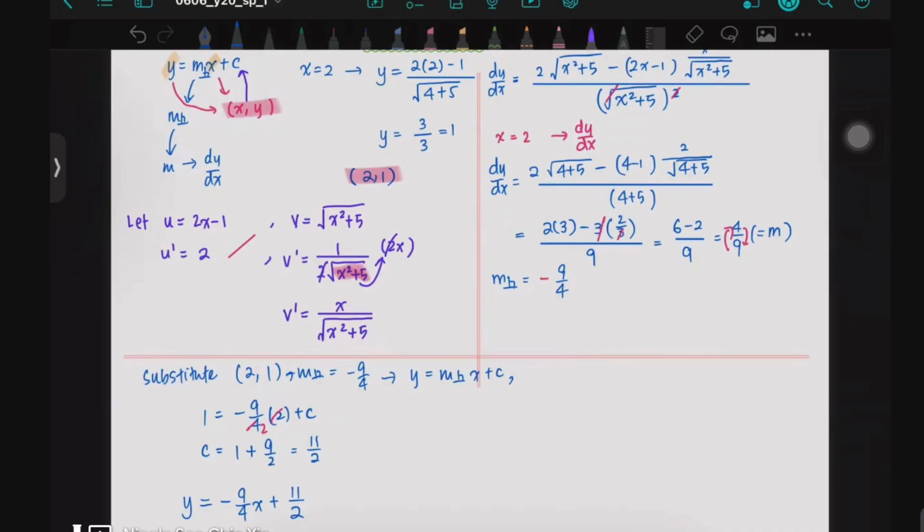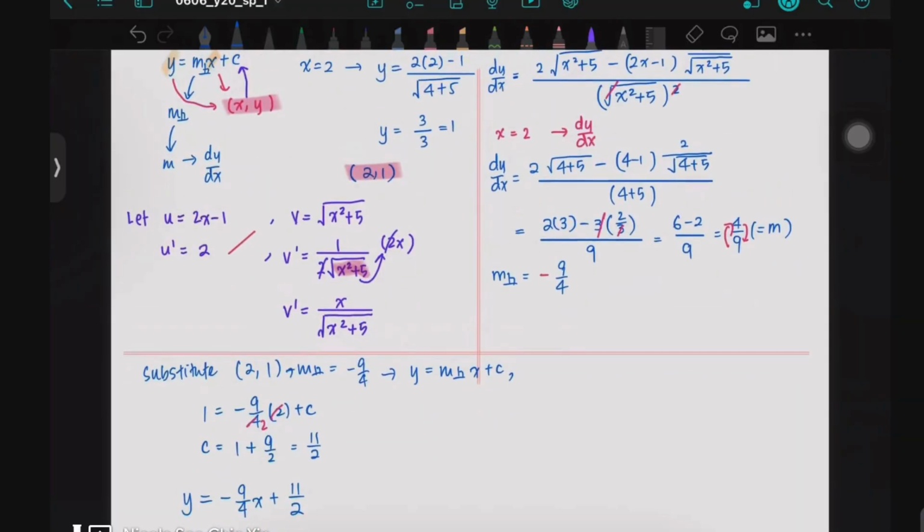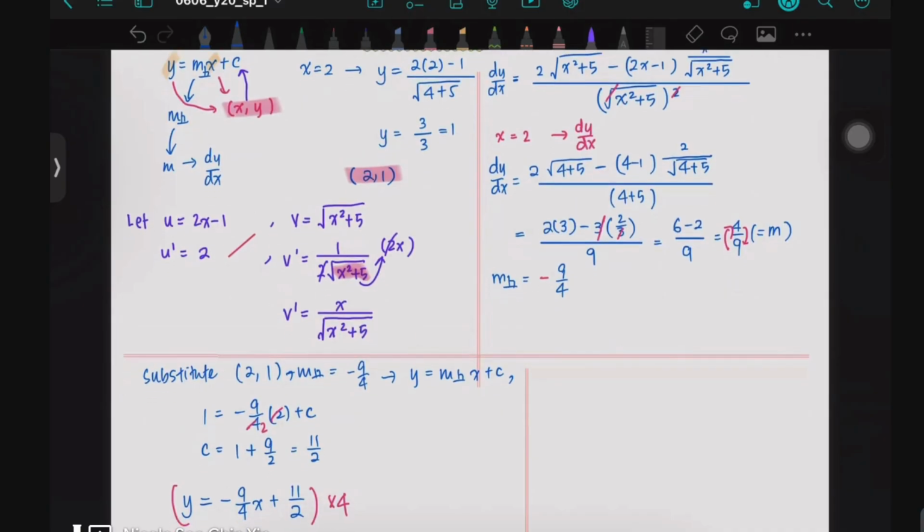Now this is not the final answer yet. You look at the question, they want ax plus by equals c. They are all integers, no fractions around. So we continue to manipulate it to make everything an integer. What I'm going to do is multiply everything by 4, and at the same time, shift my x to the other side.